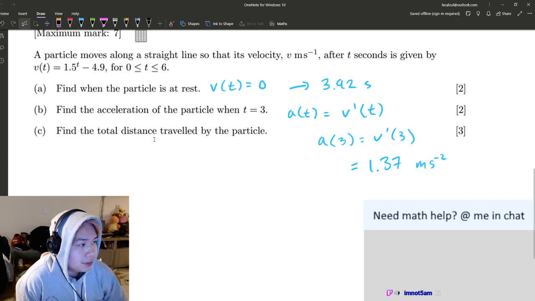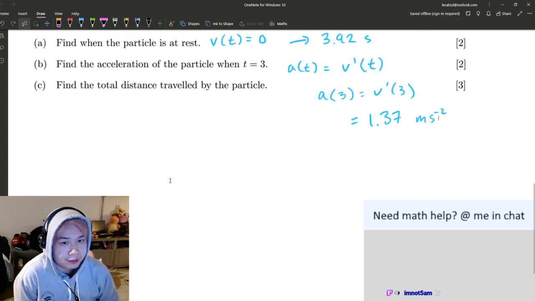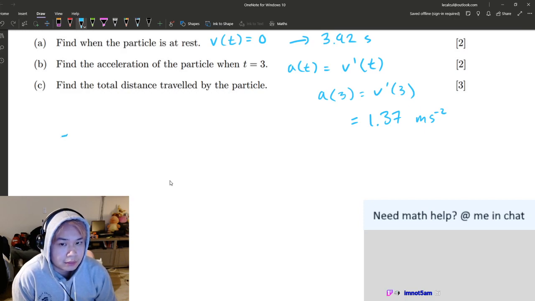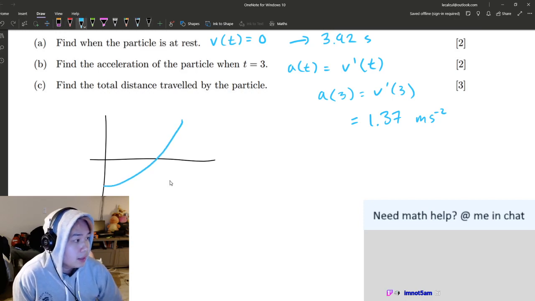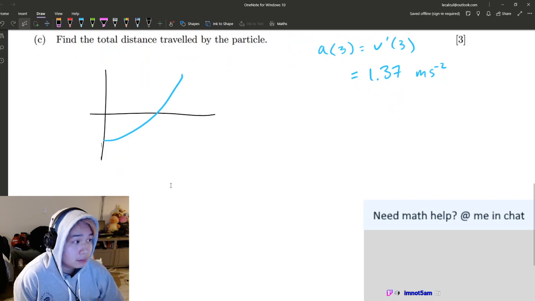Thus, find the total distance traveled by the particle. So I mentioned this before, but of course, the total distance, well, let me just explain it again for those that didn't watch the other stream. This is my velocity function.